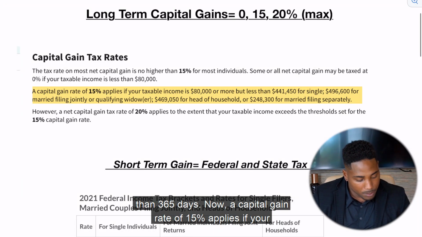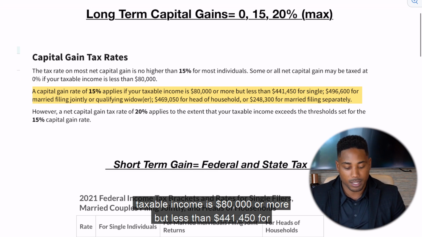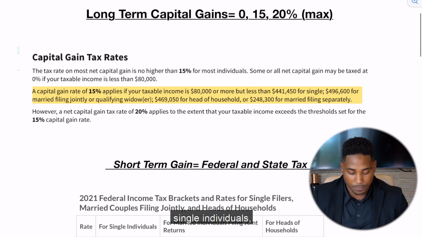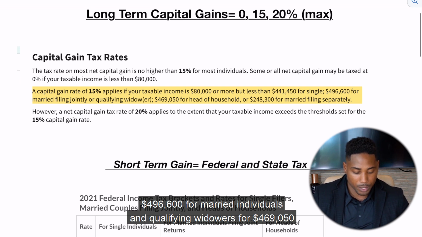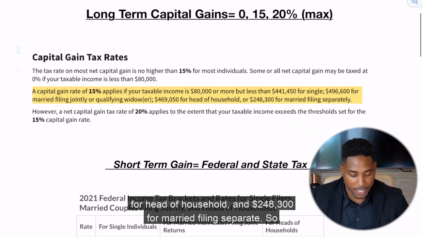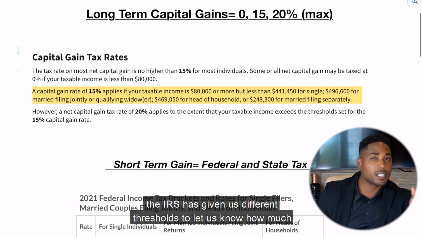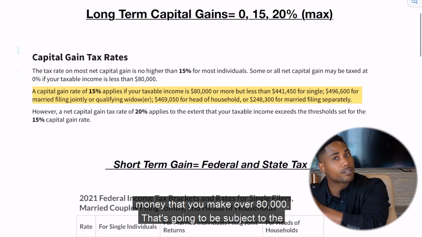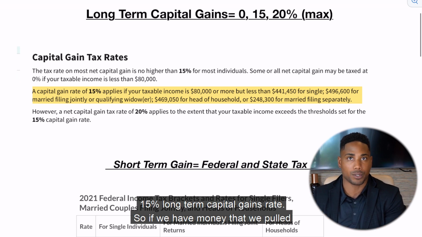Now, a capital gain rate of 15% applies if your taxable income is $80,000 or more, but less than $441,450 for single individuals, $496,600 for married individuals and qualifying widowers, $469,050 for head of household, and $248,300 for married filing separate. So the IRS has given us different thresholds to let us know how much money you make over $80,000 that's going to be subject to the 15% long-term capital gains rate.